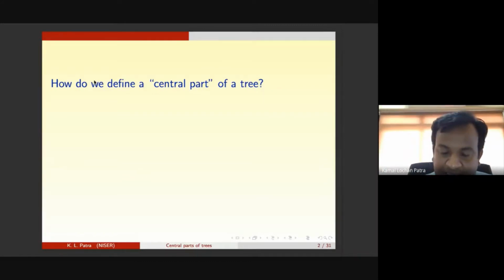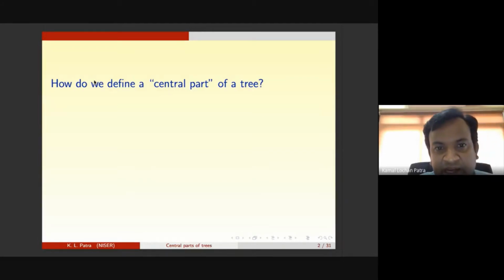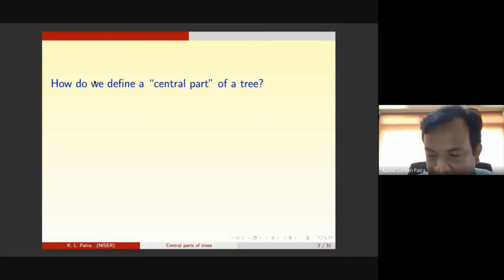So if you take n greater than or equal to 3, you first remove all the pendant vertices simultaneously from a tree on n vertices. And if you continue to do this, you will end up with a single vertex or two adjacent vertices. So that's how the central part is defined initially.